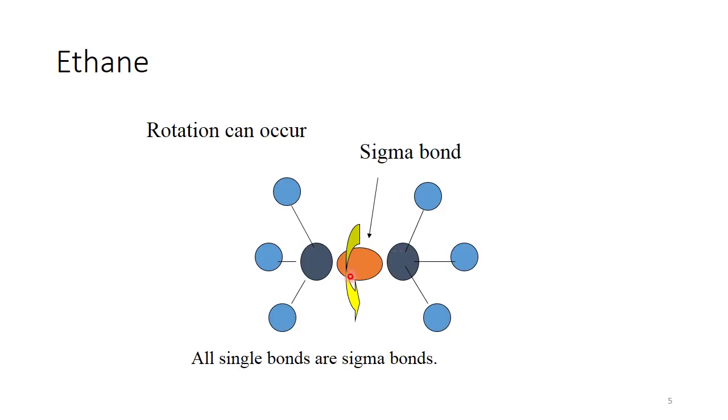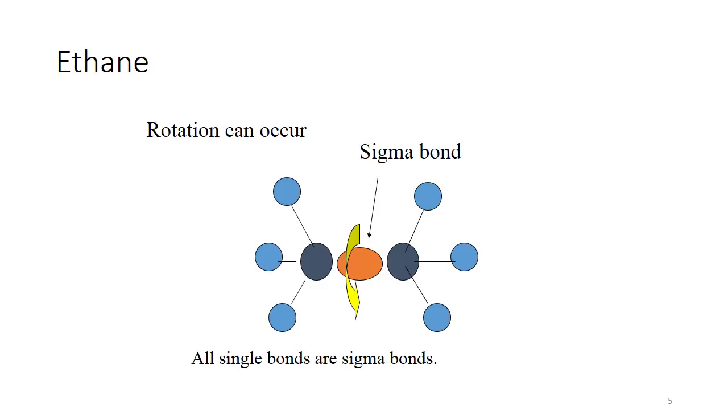In ethane, you can see this is ethane. Here's carbon, hydrogen, hydrogen, hydrogen, carbon, hydrogen, hydrogen, hydrogen. All you have is a sigma bond. So when I twirl this around out here, the sigma bond is not changed. Now there might be changes with regards to torsional strain and steric strain, but on a sigma bond, when I rotate it around and around, it does not change the energy of the sigma bond between the carbon and the carbon.